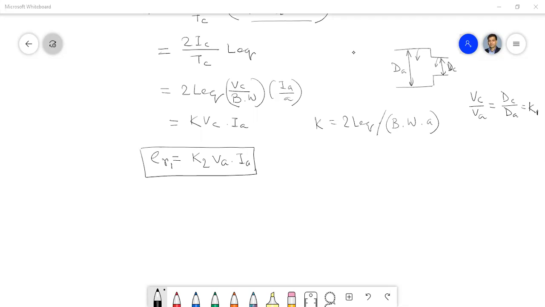Now, in the coil going under commutation, there should not be any voltage developed. But here you see that voltage is getting developed in the coil. Due to this voltage, what kind of problem may arise?